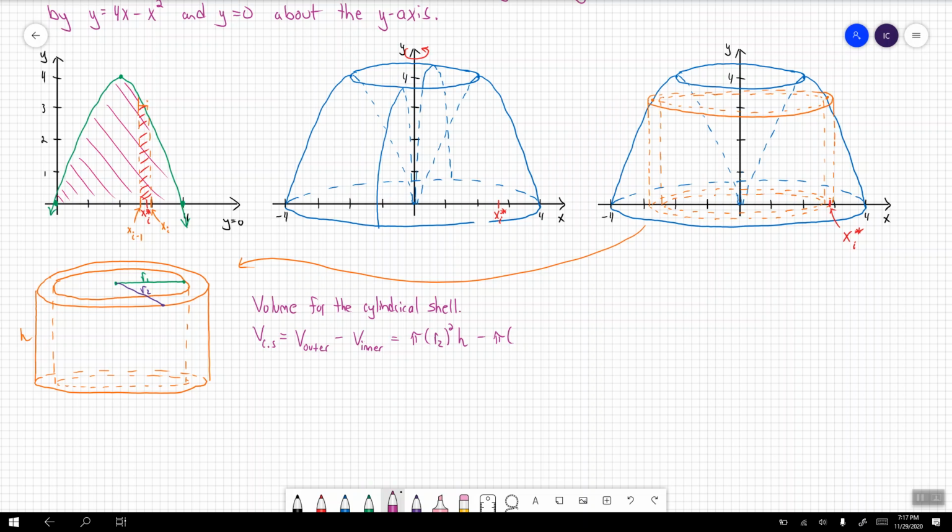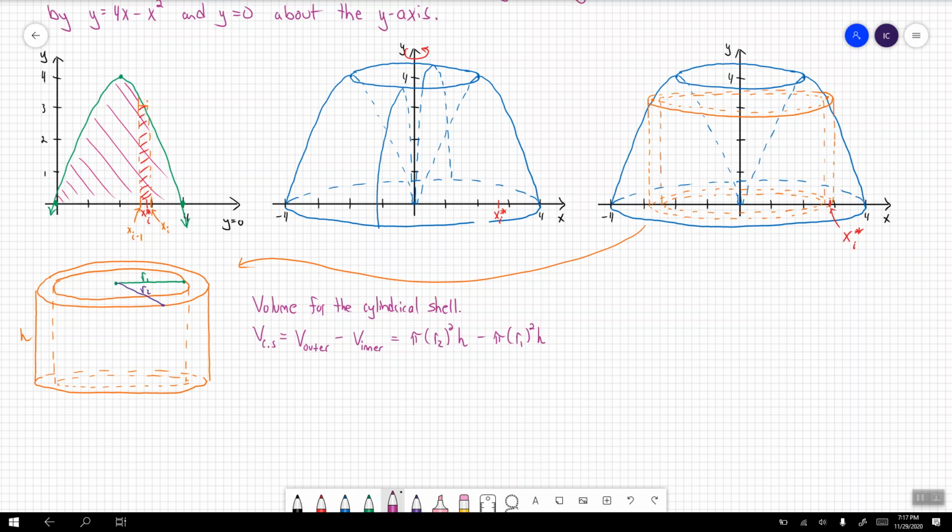So the volume of that inner cylinder is going to be pi r sub 1 squared multiplied by h. And this is because the volume of any right circular cylinder is going to be pi r squared multiplied by its height. So that's a volume always.